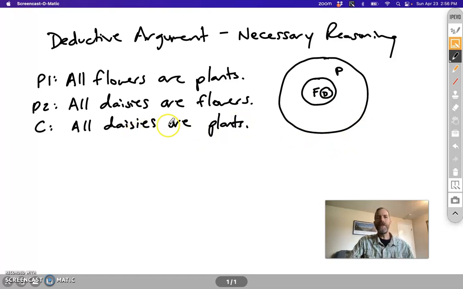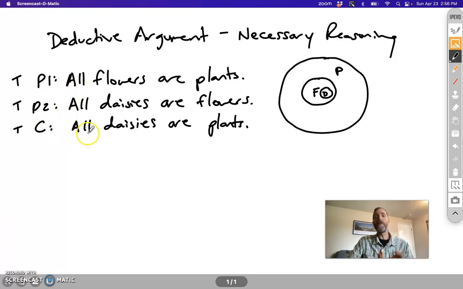The conclusion says that all daisies are plants, and sure enough, the daisy circle is inside the plant circle. So there's really no way, if these premises are true, for this conclusion to be anything except true. The conclusion follows necessarily from these premises, and this is a good argument because the premises are true, and so they infer a necessarily true conclusion.